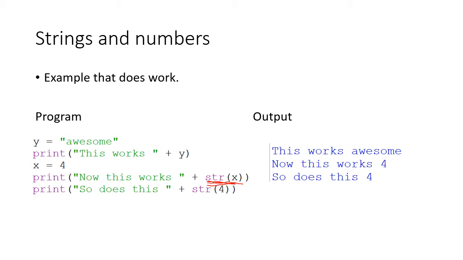That str in parentheses will turn something into a string. So down here, if we do str with the number 4, that turns it into a "4", and now both of those work. So that's str parentheses, and whatever is in between those parentheses will be turned into a string.